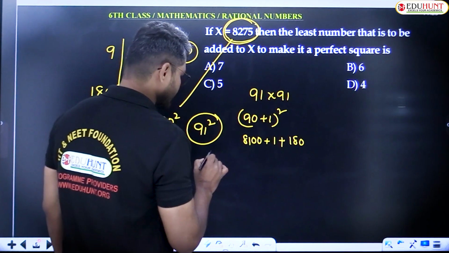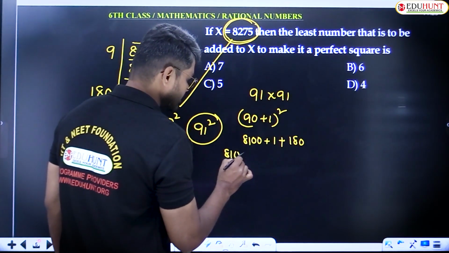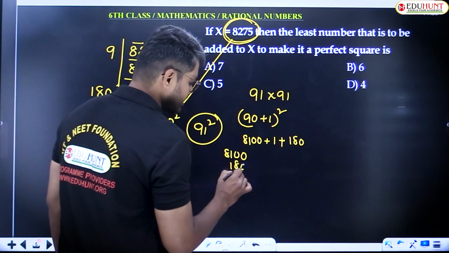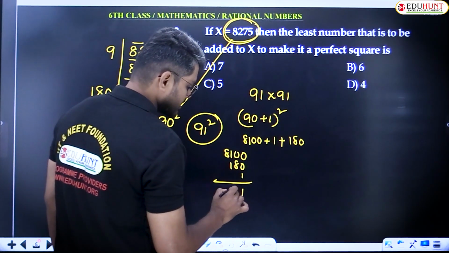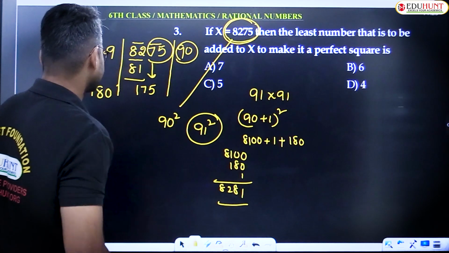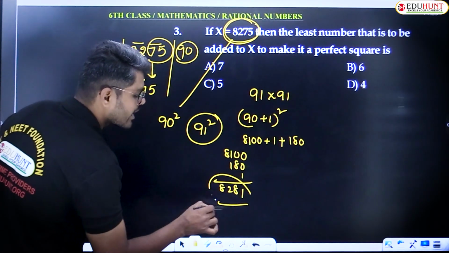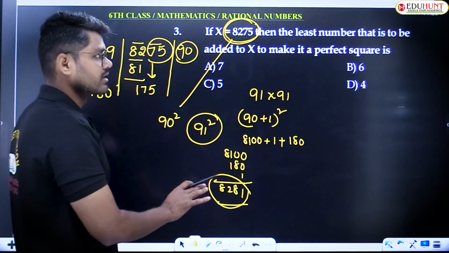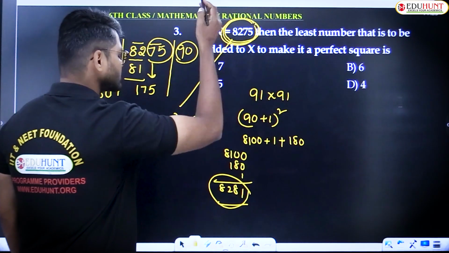Now add all these numbers, 8100 and 180 and 1. This is 8281. So 8281 is the perfect square number, but the number given is 8275.